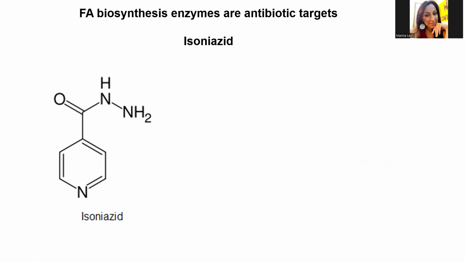So isoniazid, which I used to call isocyanide, I just couldn't pronounce it, but it's not cyanide, it's niacid. This is the structure, and the target of isoniazid and triclosan is the same. It's the FabI enzyme, but the mechanism is different. So what's the mechanism for isoniazid? I'm still sometimes forgetting: it's not cyanide, it's niacid.